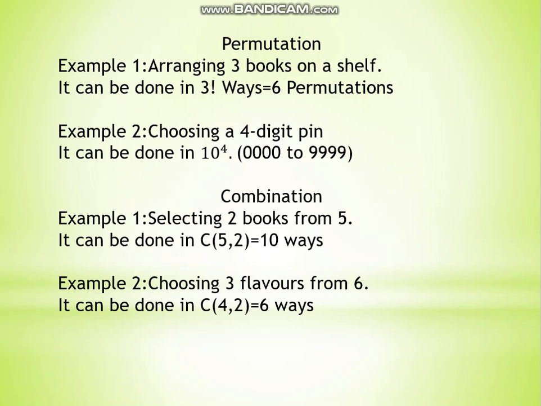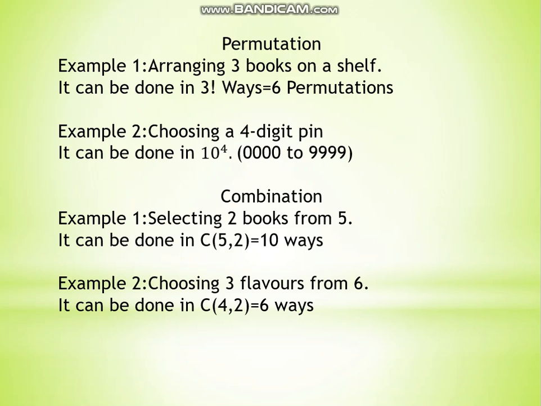Here also you should be able to understand the difference between permutation and combination, and whether this is a selection example or an arrangement example. Whenever it is selection and the order is not important, it is unordered, we use the combination formula 5C2. So it is 10 ways.